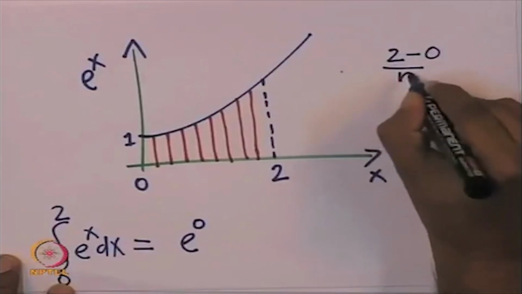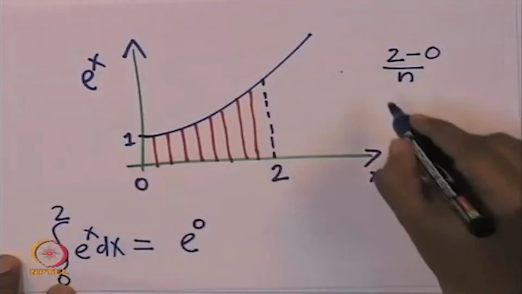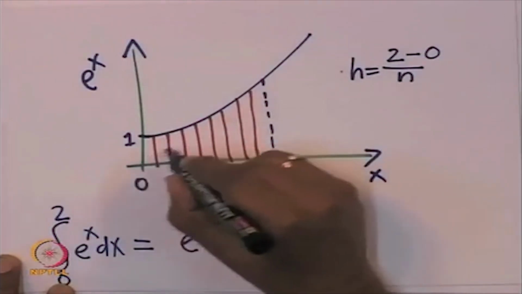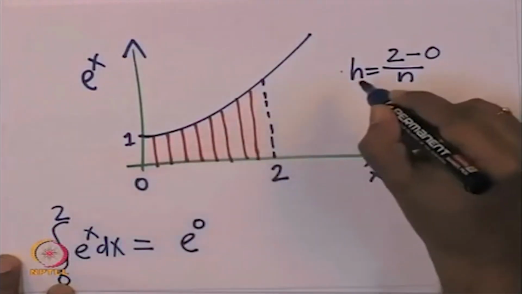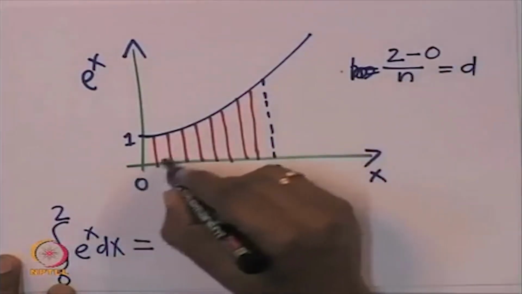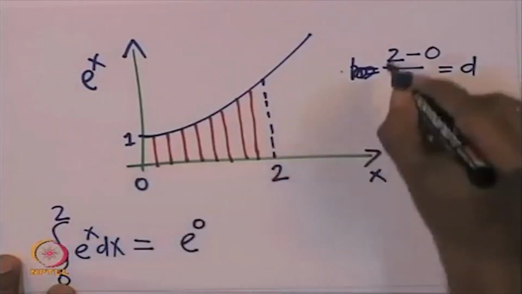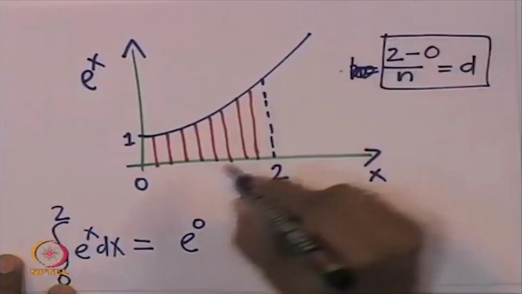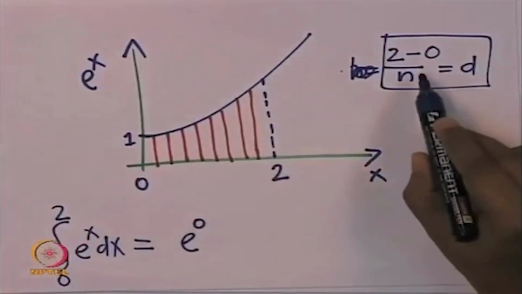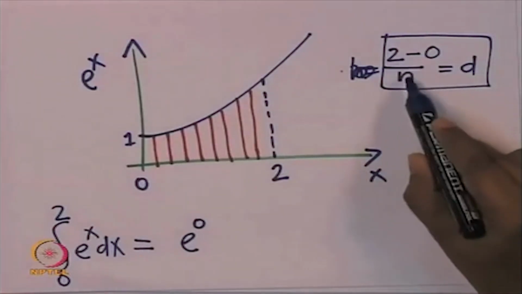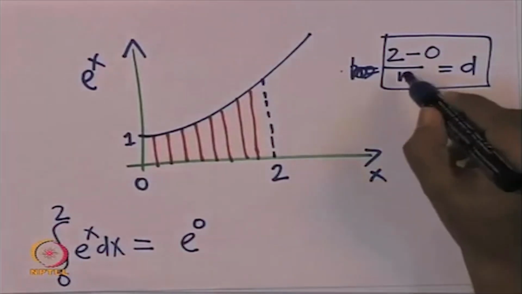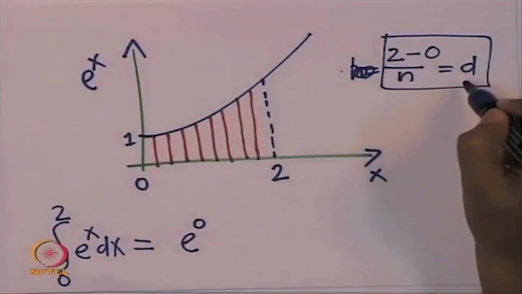So, each interval will be 2 by n. Let me call d the width of this interval. So, this d will be 2 by n, because between 0 and 2 I divide into n intervals. All of them are equal intervals, so each interval will have width 2 by n.